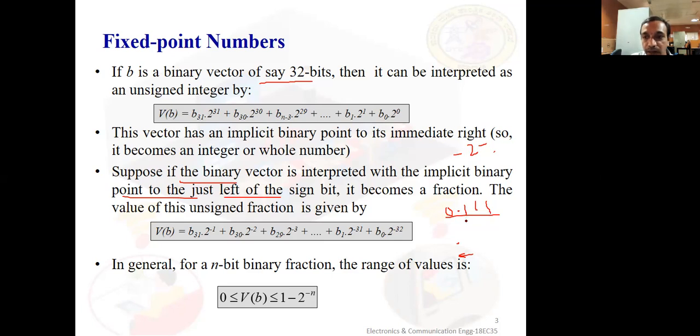It would be 1 multiplied by 2 raised to minus 1, plus 1 multiplied by 2 raised to minus 2, and so on. So that means it's 1 by 2 plus 1 by 4 plus 1 by 8. That would be the value of this number. That is why it is 2 power minus n as a fraction. If it is not a fraction, it's a whole number, then it is 2 power n. That is 2 power 0, 2 power 1, 2 power 2, something like that.